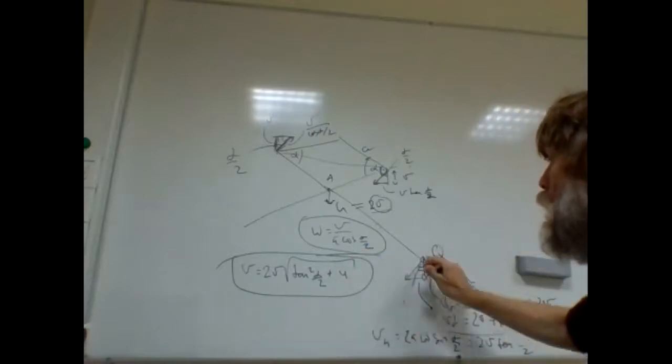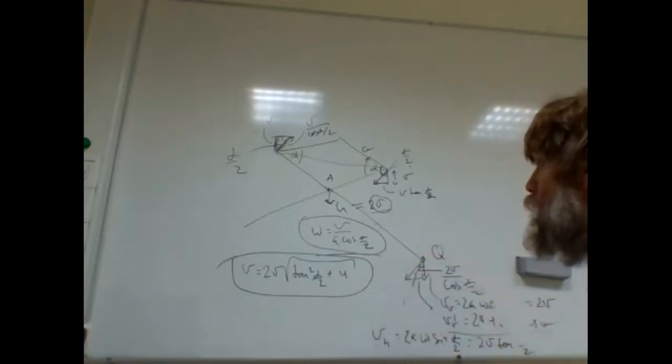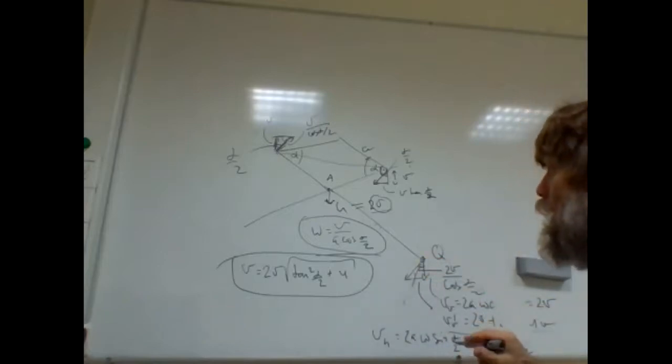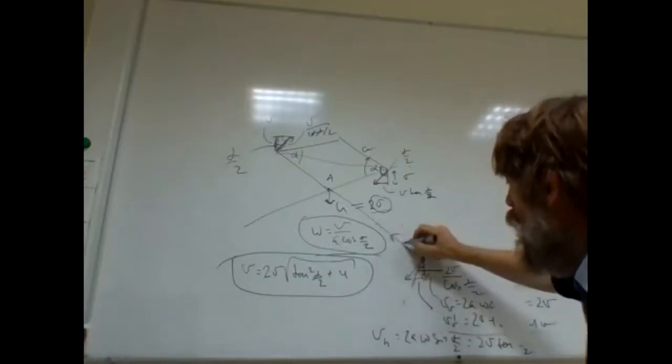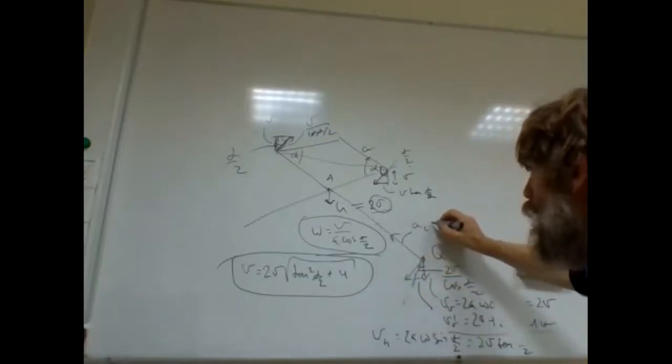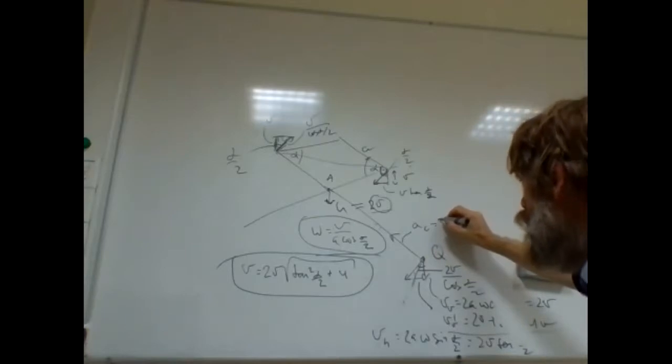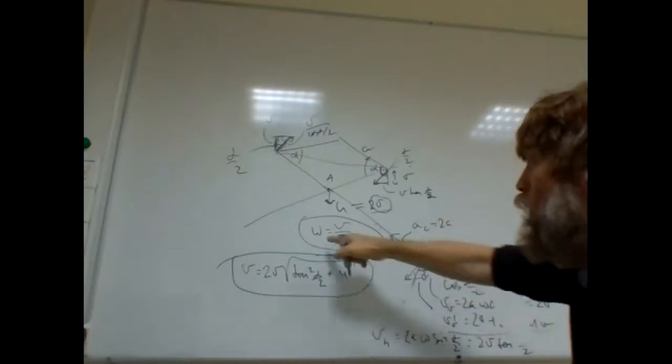And then for this point here, we have a centripetal acceleration equal to 2a multiplied by omega square.